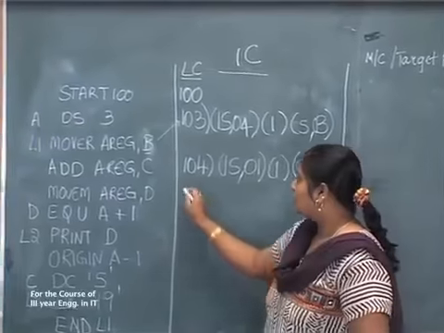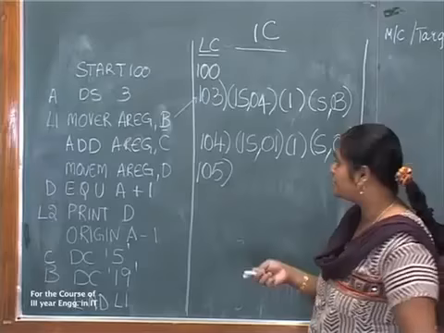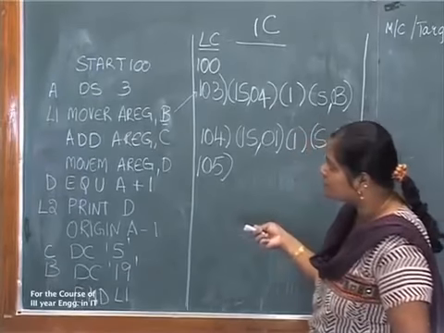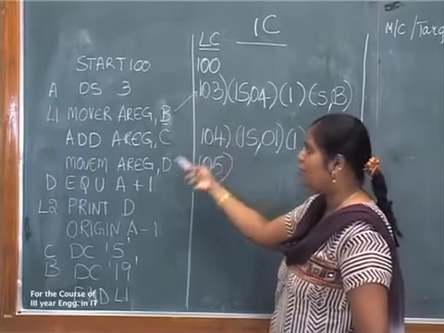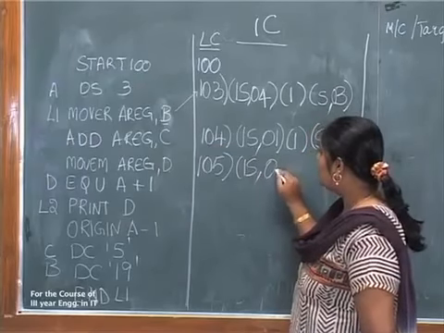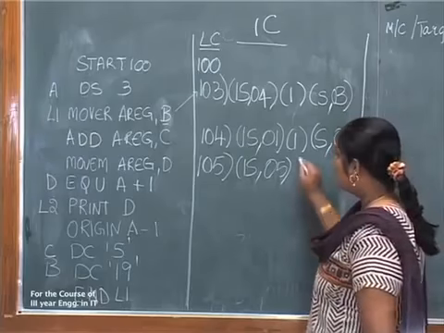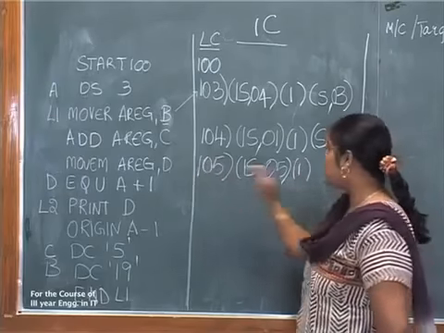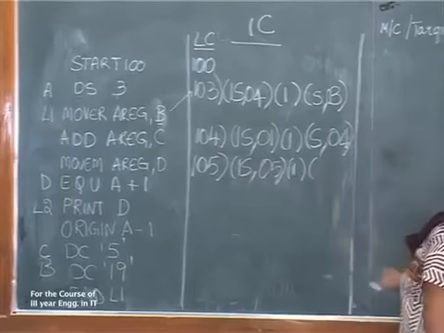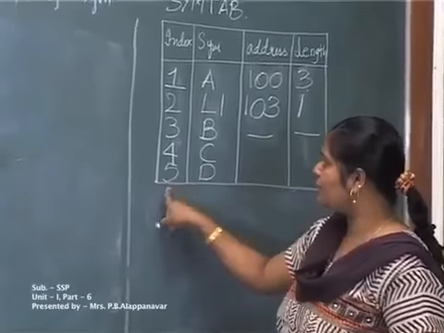Now then the location counter value is incremented to point to the next instruction, which will be 105 because the length of this instruction is 1. MOVEM is an imperative statement, has the instruction opcode as 05. A register is 1, and D again is a symbol that you have encountered, which you have to make an entry into the symbol table. So you write 5 and you write D.